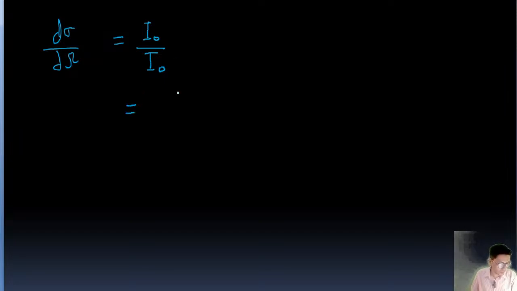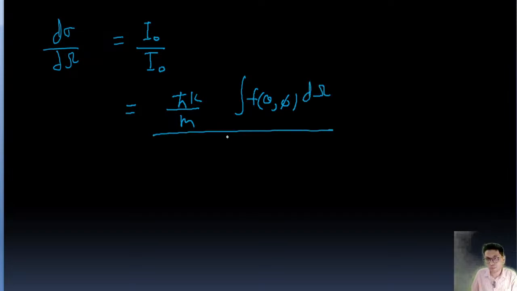So we'll put the value, and this is going to be ħk upon m integration of f, which is a function of θ and φ, dΩ, upon ħk upon m.